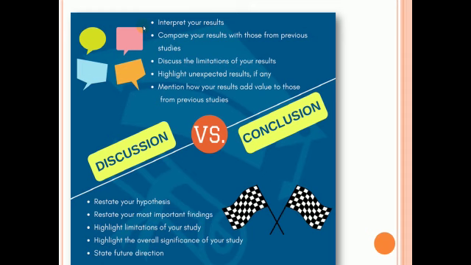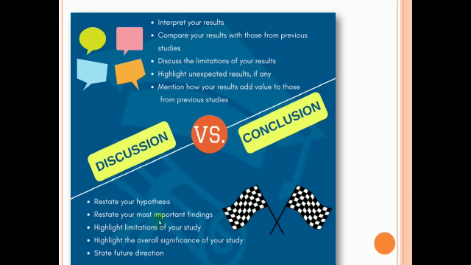In the first part, in the results and discussion, you have to interpret your results, compare your results with those from previous studies, discuss the limitations of your results, highlight unexpected results if any, and mention how your results add value to those from previous studies. These are the points that are very important to the discussion.